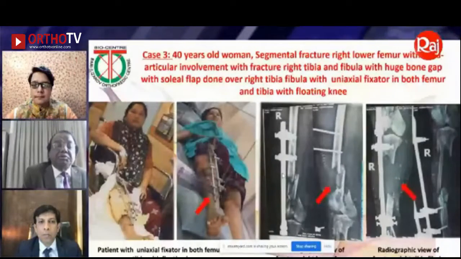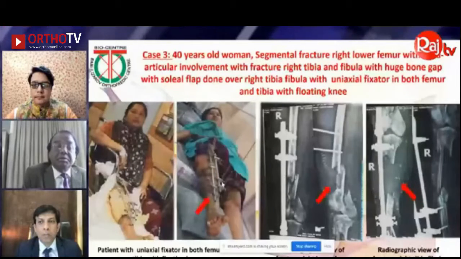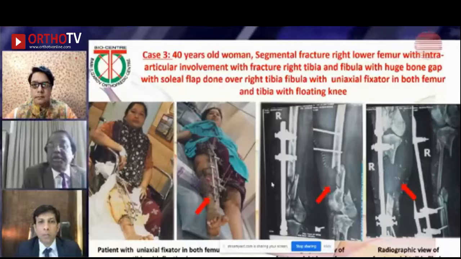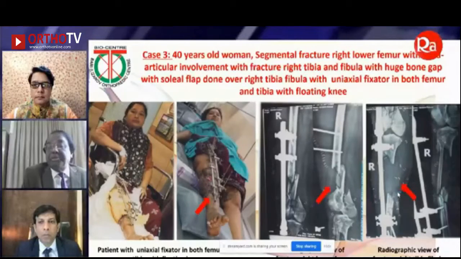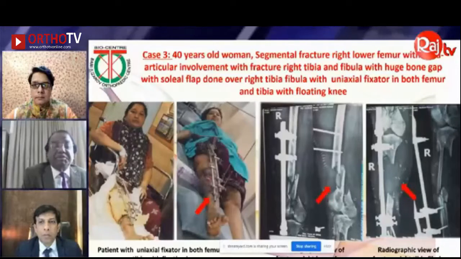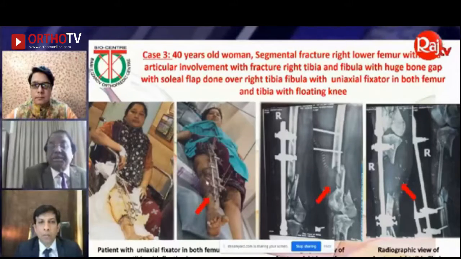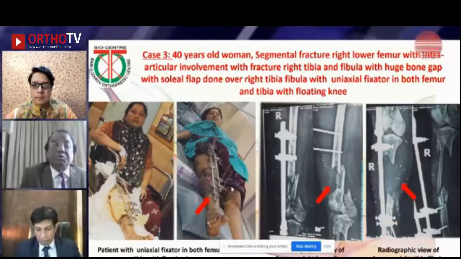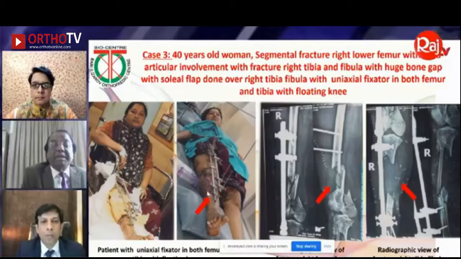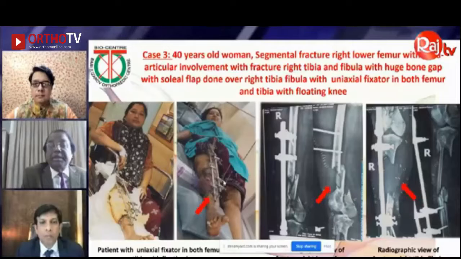This is a 40 years old lady. You can see treated elsewhere with uniaxial fixator, came to my place, big gap, tibia, and comminuted lower end of the femur. Infection, open wound. You can see the skin condition is not good. You cannot go for bone grafting here. You cannot go for plating here inside. All interlocking nail here.